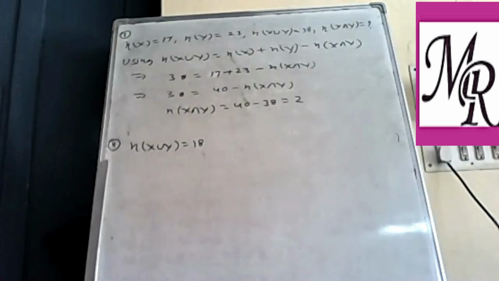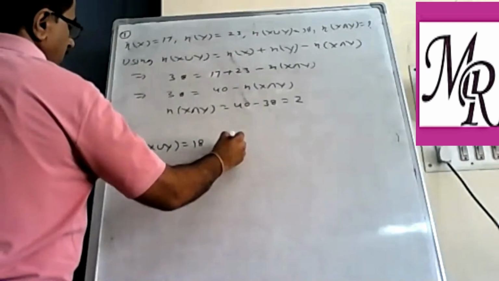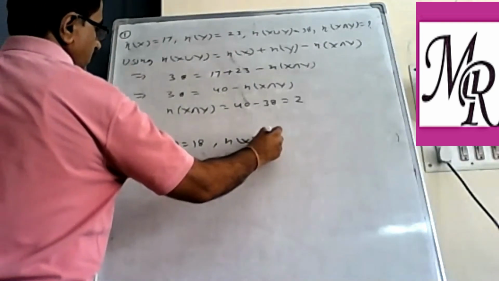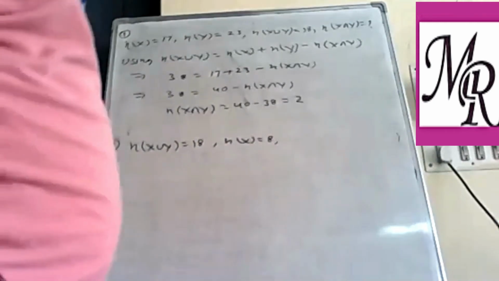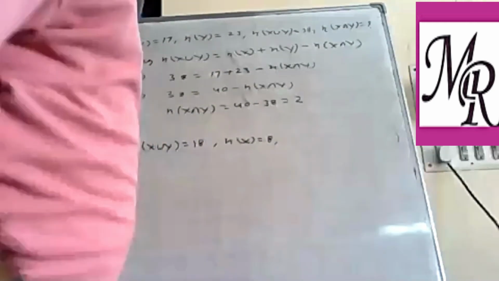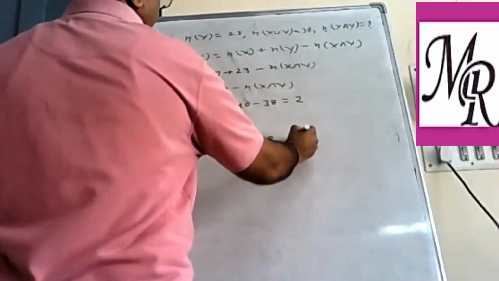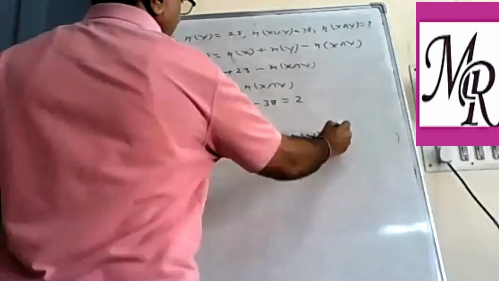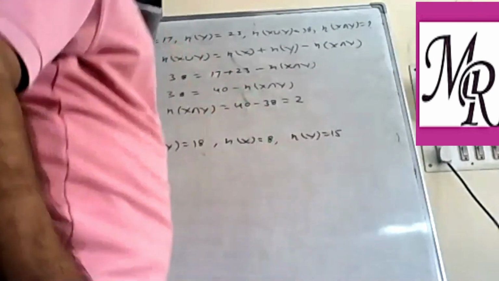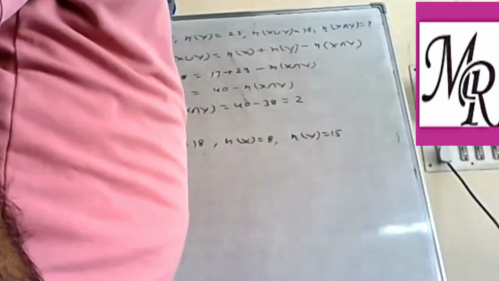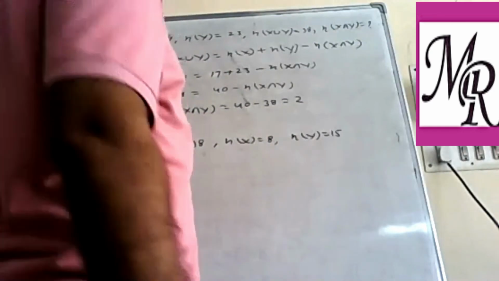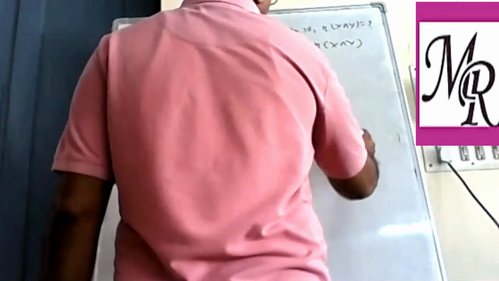X has 8 elements. Number of elements in X equal to 8. And Y has 15 elements. So number of elements in Y 15. How many elements does X intersection Y have? So this is also similar to first one.